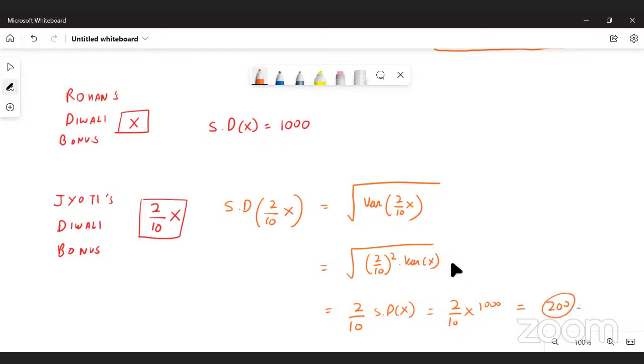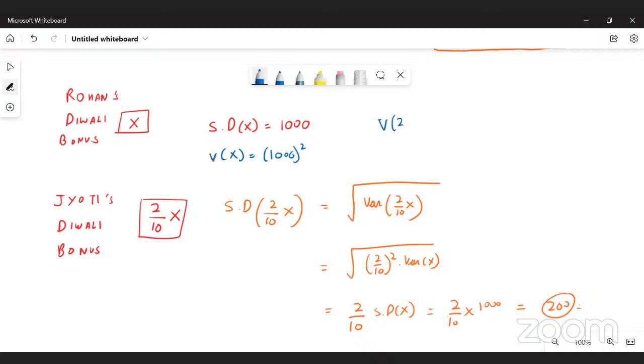It doesn't matter what is actually happening over there; I just need to structure it in such a way as per my requirement, because standard deviation and variance are both linked. It is also possible to do it another way: first compute the variance of x, which would be 1,000 squared.